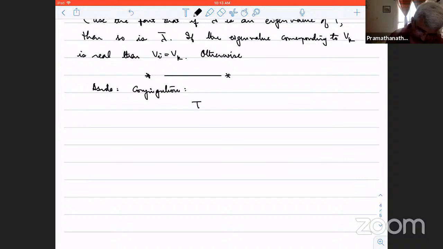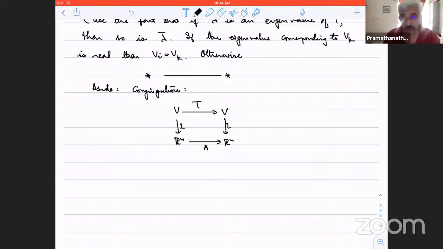You have T from V to V. You take some basis of R^n, I'll call it A. So you can think of A as a matrix now because there's a standard basis here, via the basis.